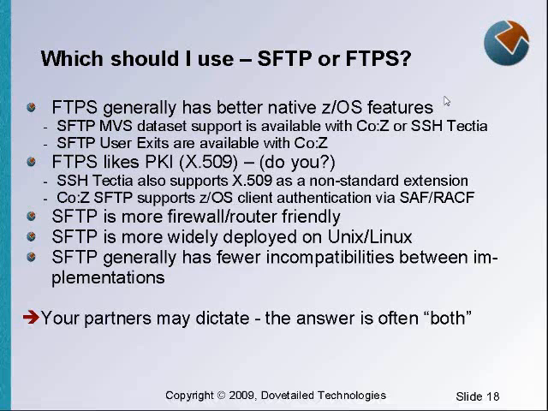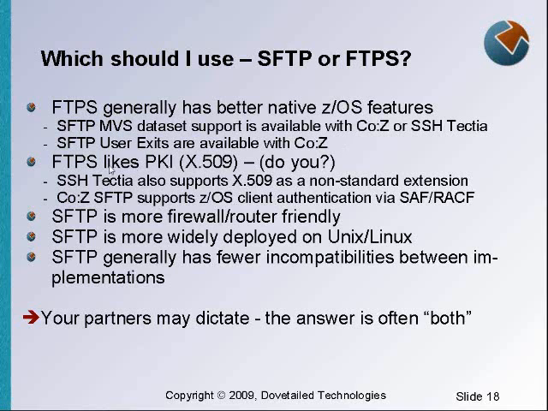It's just got great integration with z/OS. But SFTP from Cozy or even Tectia has pretty good dataset support. We think Cozy has excellent dataset support, and we have done some nice things like FTP compatible exits in Cozy to make it work in your z/OS environment.